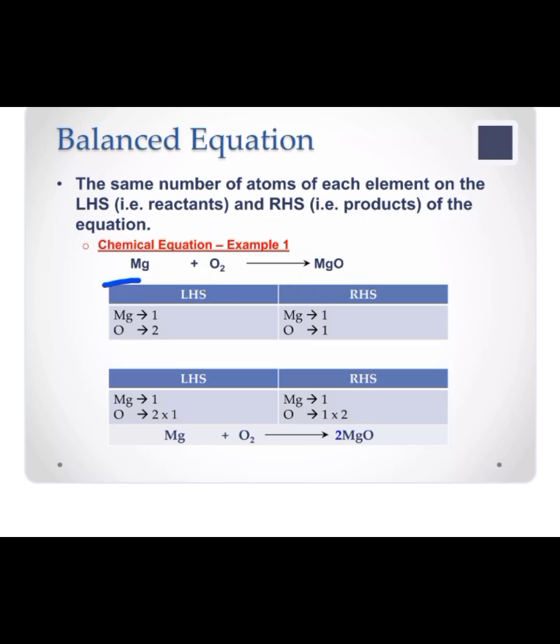If one magnesium atom is on the left hand side, so one should be on the right hand side, but oxygen atoms are 2 on the left hand side. So this MgO should be multiplied by 2 to equalize the number of atoms on both sides.